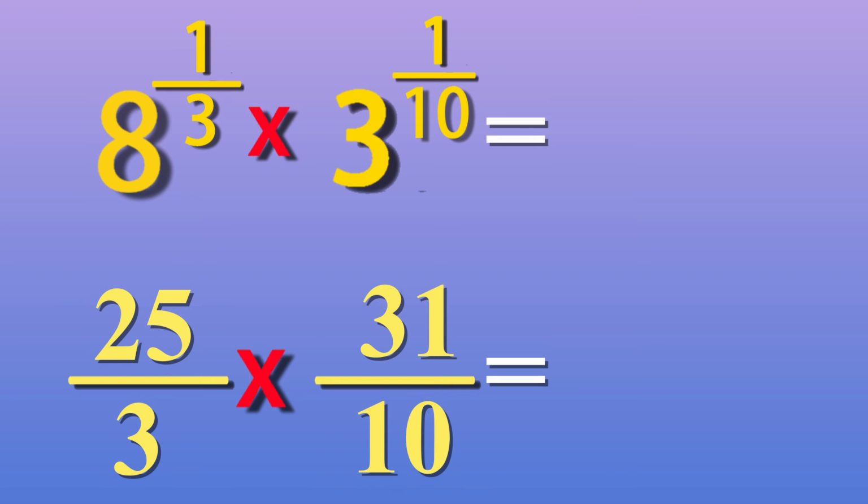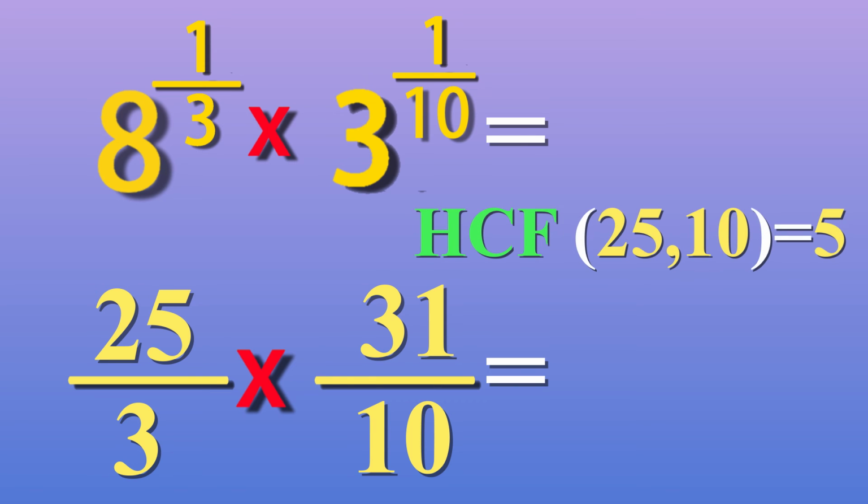The right-hand side numerator and left-hand side denominator are both prime numbers, and they are different to each other, so they certainly share no factors. On the other hand, the left-hand side numerator and the right-hand side denominator are 25 and 10. They share only one factor, and that's 5, which is obviously the highest common factor, so we can divide both by 5.